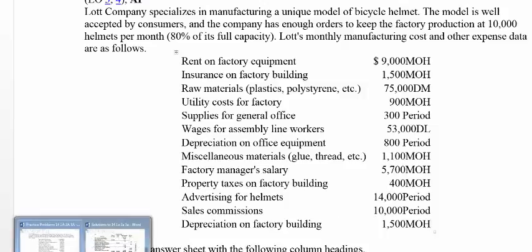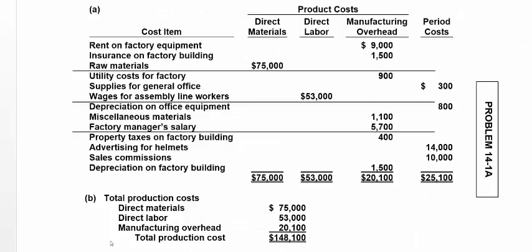And now I'm going to show you what this would look like if you put it into the particular columns. All right, so we've got product cost, DM, DL, and MOH. We've got the rent on the factory equipment, insurance on factory building, raw materials, utility costs for the factory, supplies for the general office, wages for the assembly line workers.